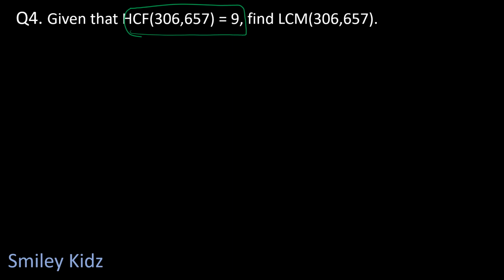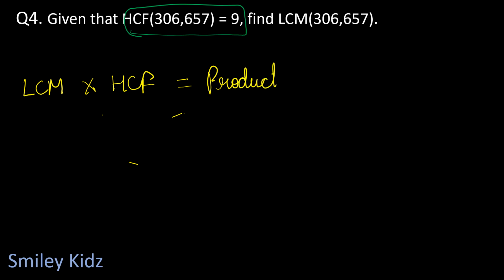Here comes our relation, which says LCM times HCF is equal to product of two numbers. Now what is the HCF and LCM? It is known for us that the HCF is 9.